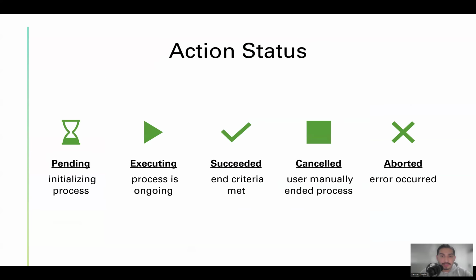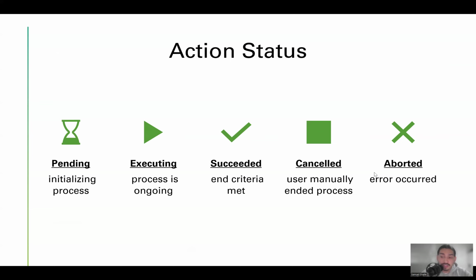As we mentioned, something separating an action from just a service provided by a server and client is that you have different statuses that can occur. You always have a pending status when it's just initializing, then it's executing, and our Python script is actually running and doing what it's supposed to. We're getting feedback, and eventually one of three things will happen.